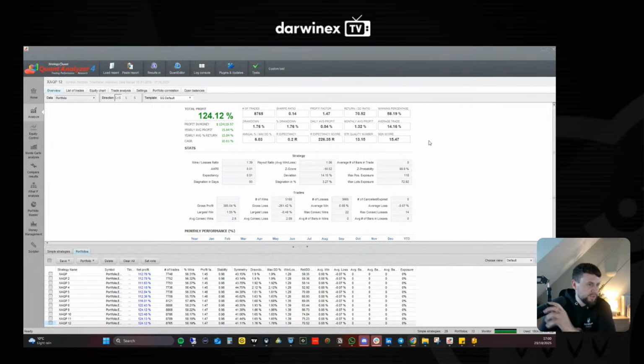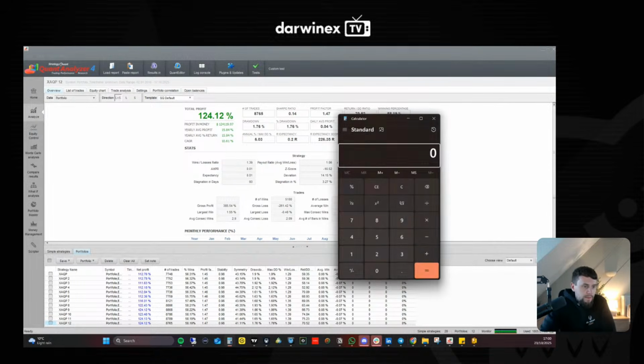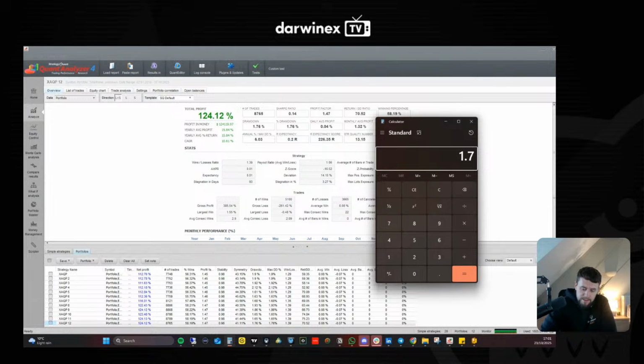Okay, back to this. So CAGR of 10.61%, yearly average profit of 15.84% with a max drawdown of 1.76. Now, of course, I never run the strategy at this risk level, only on the master account. So I know that my Darwinex right now has the possibility of going to, let's just say, around 6%, although I think it could go higher.